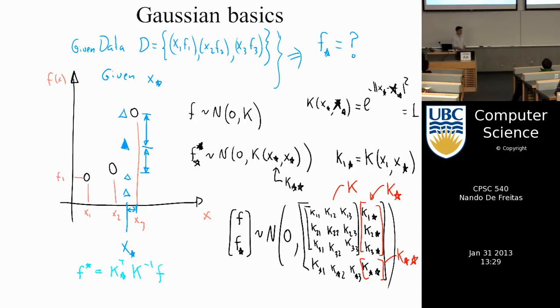That's the mean of f*, which is the expectation of f*, which is mu*. That will be most likely this height here, mu*.